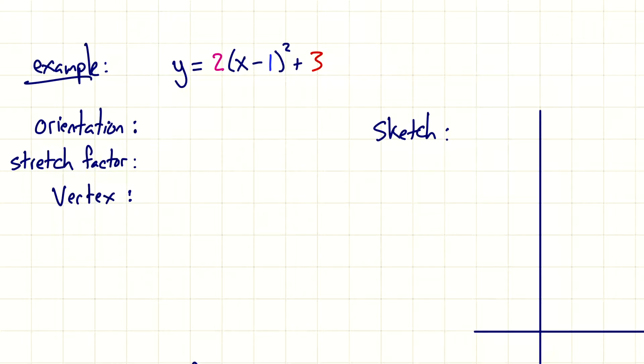But that, to me, honestly, is 10 times more work than just looking at the equation. So when I want to find out what the orientation is, we are going to look at our A value. And the A value is going to be right in front. My question to you is, is the orientation of this parabola going to be positive or negative? Let's see if you could tell me that.